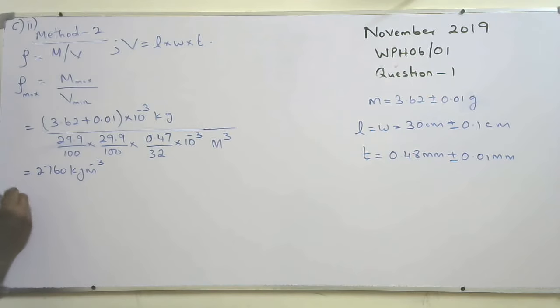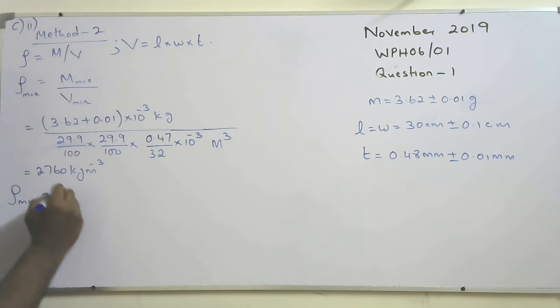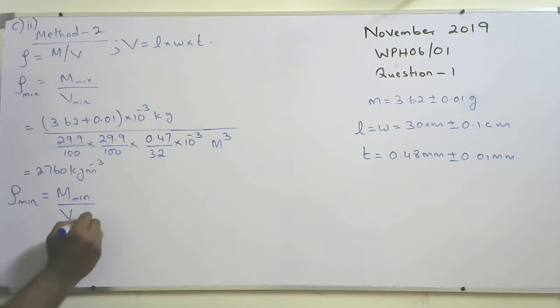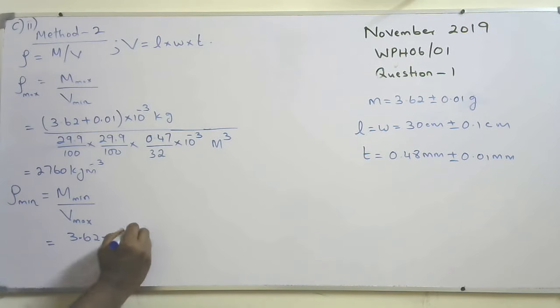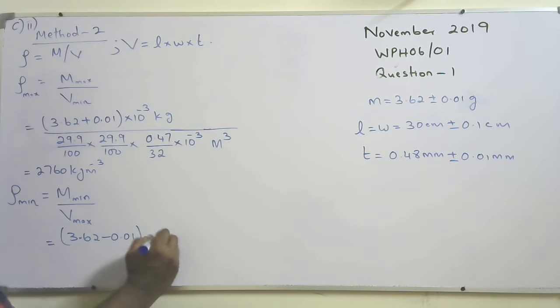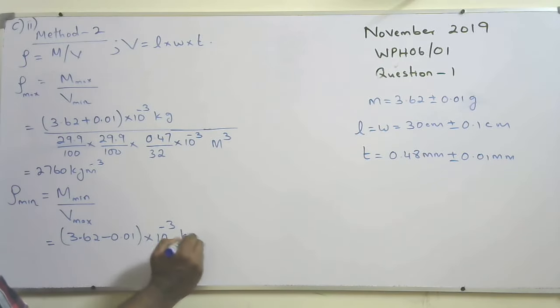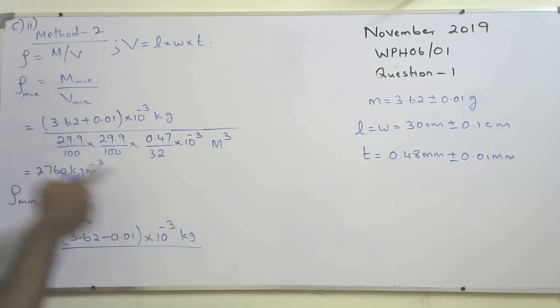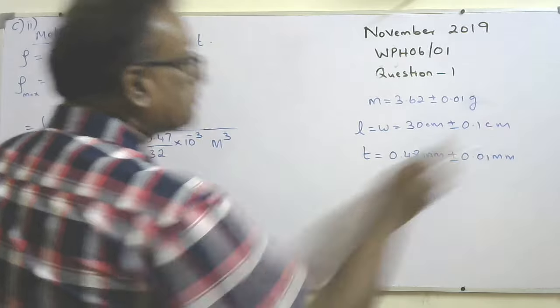Same way, what will be the rho minimum? That I will write quickly. That is M minimum over V max. So M minimum, that is 3.62 minus 0.01 into 10 to the power minus 3 kilogram, divided by V maximum, that is 30 plus 0.1.